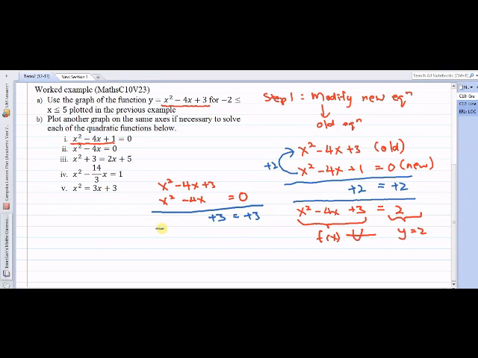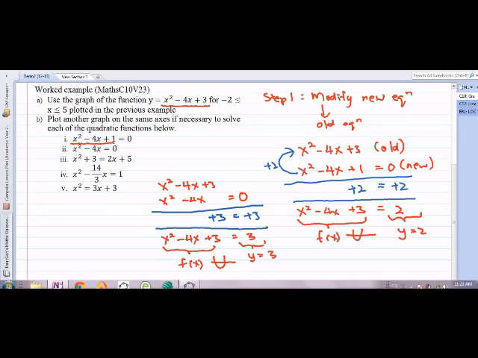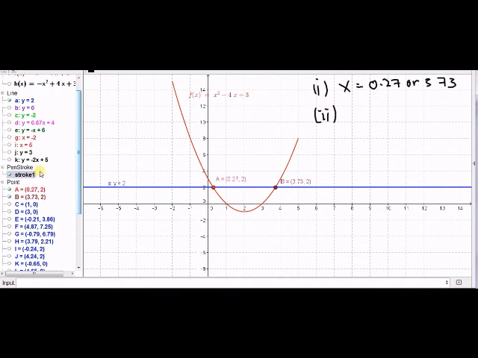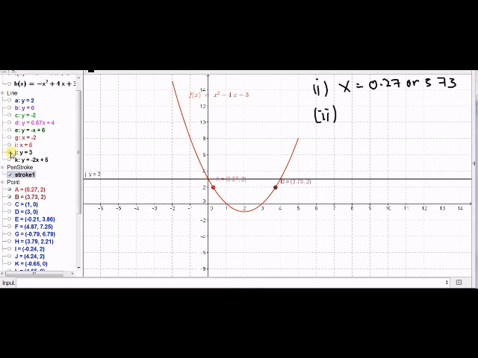So now the equation becomes x squared minus 4x plus 3 equals 3. And this part is provided by f(x), and this can be read as y equals 3. So the curve crosses the straight line y equals 3.